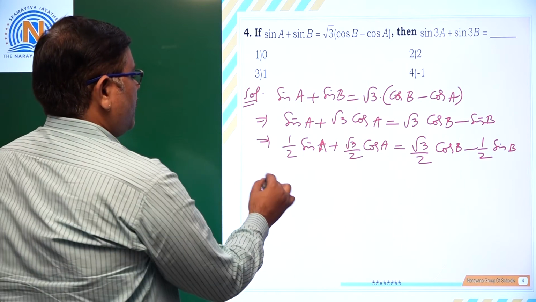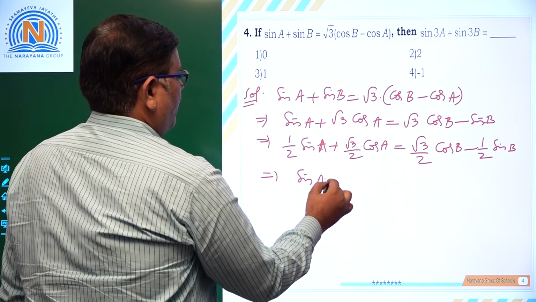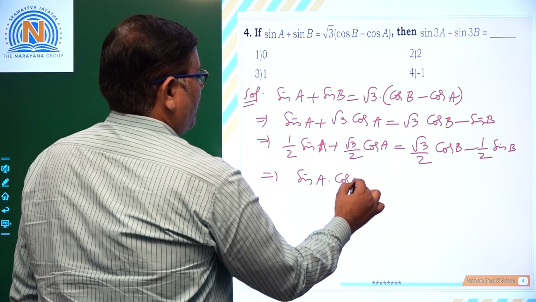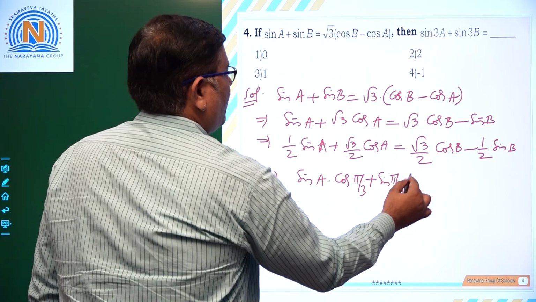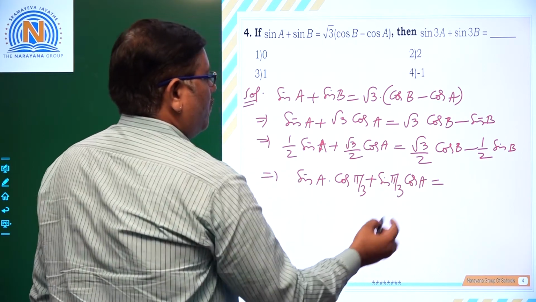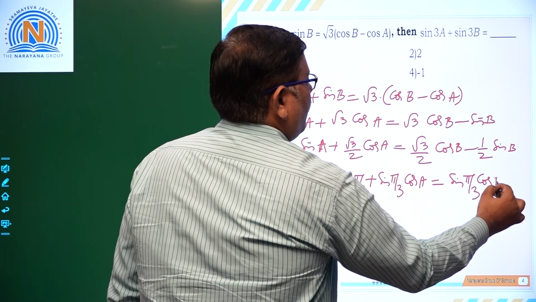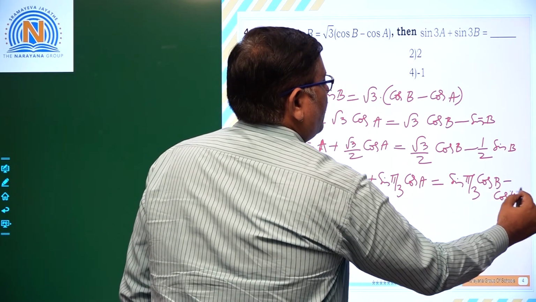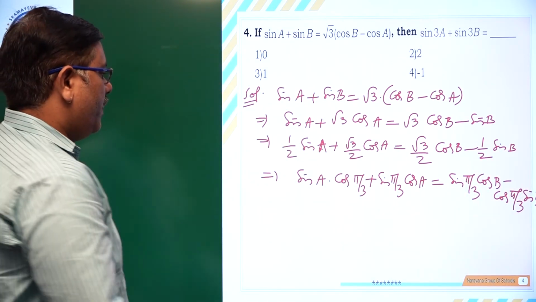So otherwise, sin A cos pi by 3 plus sin pi by 3 cos A, that is equal to sin pi by 3 cos B minus cos pi by 3 sin B, because cos pi by 3 is 1 by 2, sin pi by 3 is root 3 by 2.